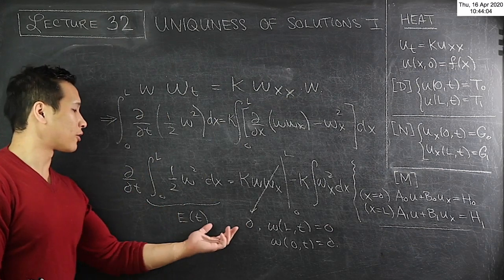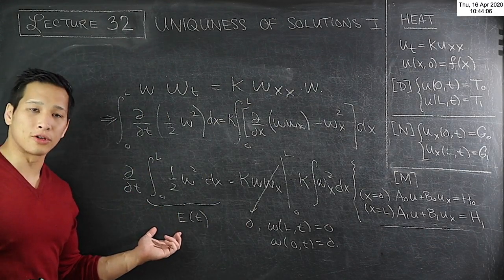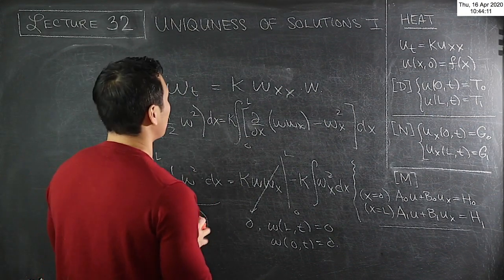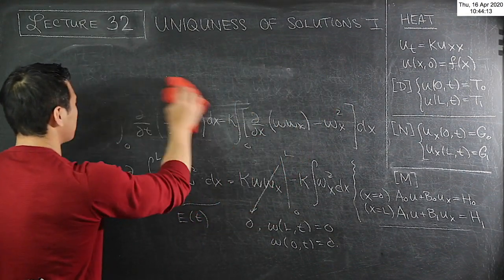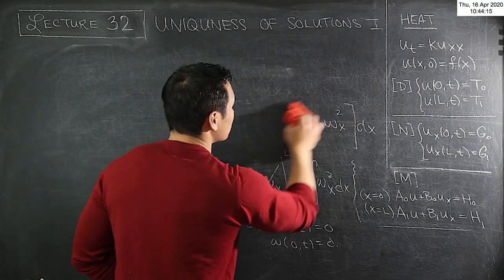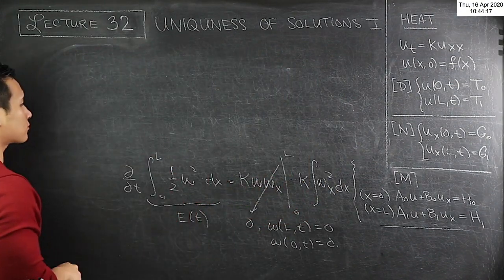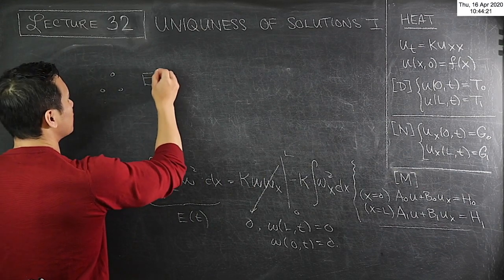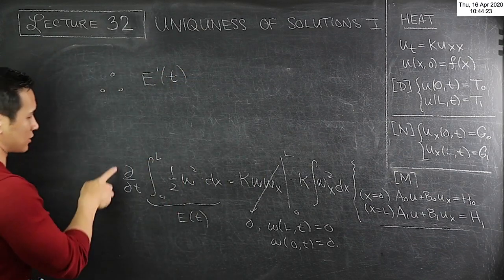In other words, now you're left with some conclusion on the derivative of this E of t. So let's rewrite that up here. At this point, you've concluded that E prime of t, this is now just a regular derivative.